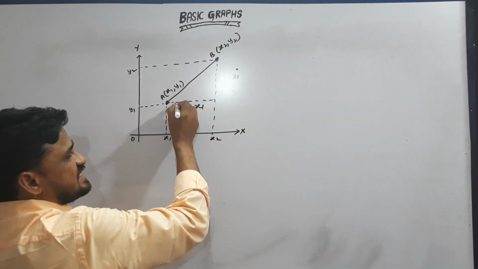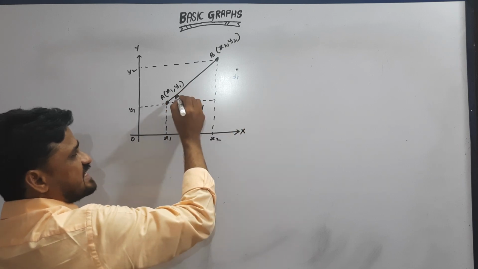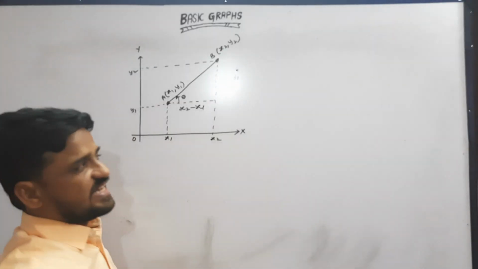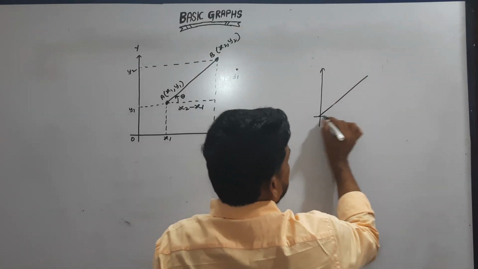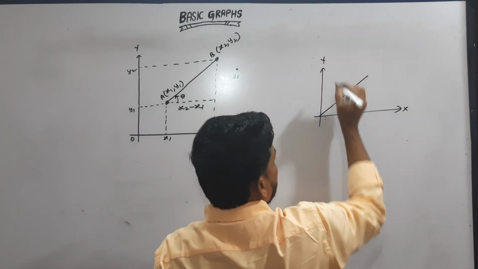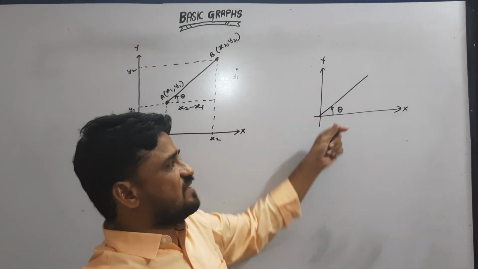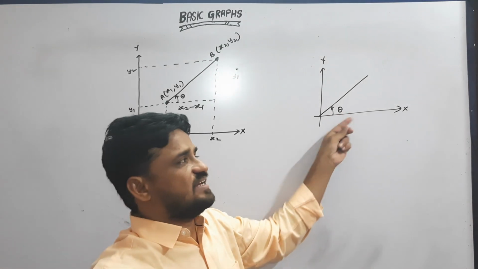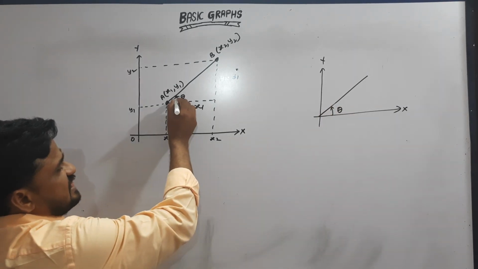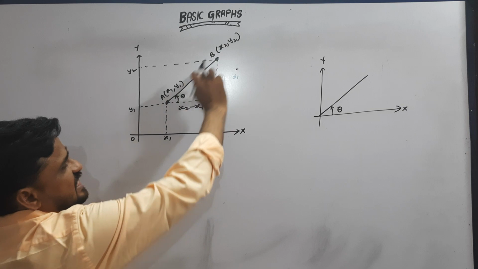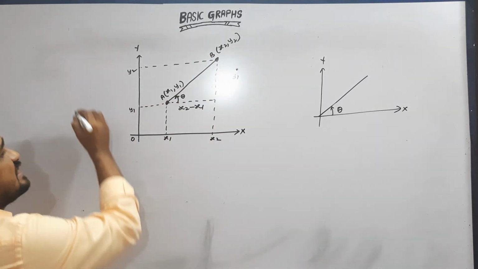Here slope means the angle made by the line with the positive x-axis in the anti-clockwise direction.